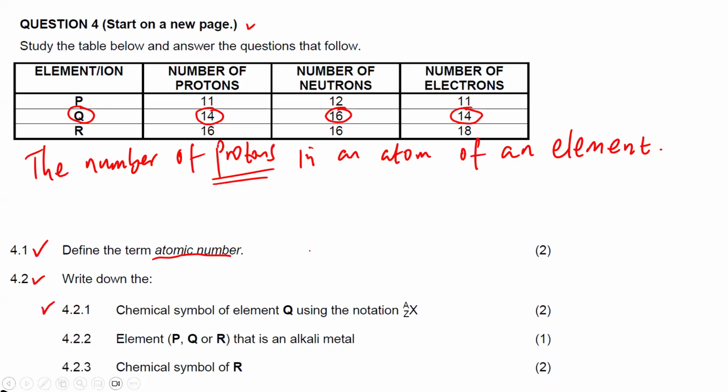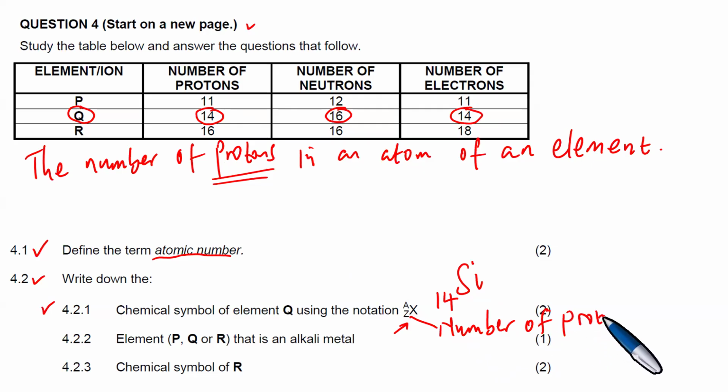Okay, so now let's write down the chemical symbol of element Q. We have seen that element Q is silicon. We need to identify now the Z here, which is the number of protons, and the protons are 14. So Z is the number of protons.